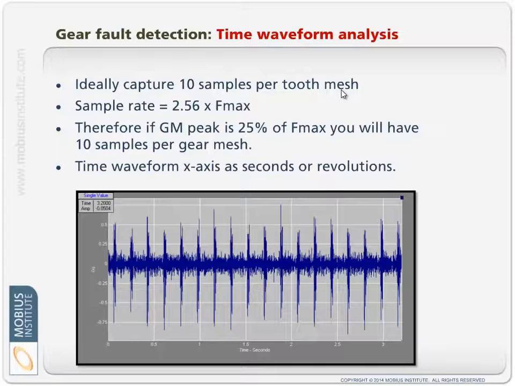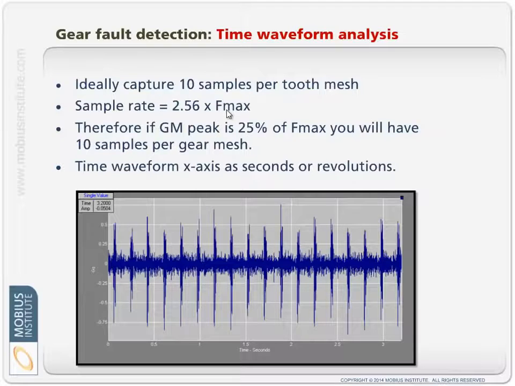There's another simpler way to do it. It takes a bit of an understanding of how the analyzer works. The fact is that when you choose an Fmax for your analyzer, the analyzer itself is going to retain for you a time waveform that is sampled at 2.56 times the Fmax. So let's say we had a 1000 Hertz Fmax, and therefore the analyzer is going to sample at 2560 samples per second.